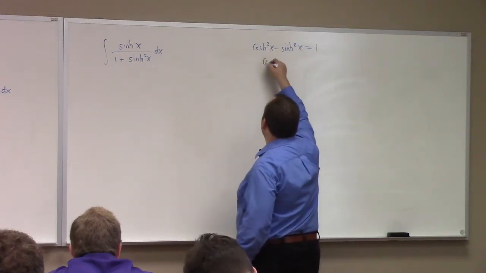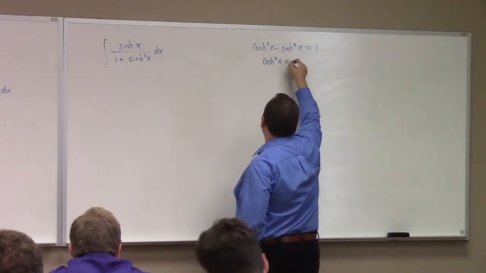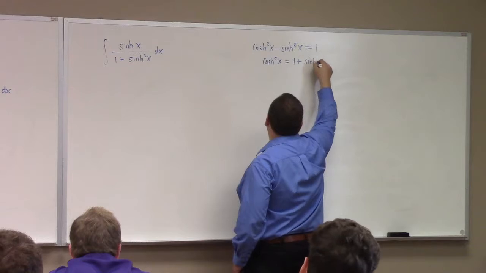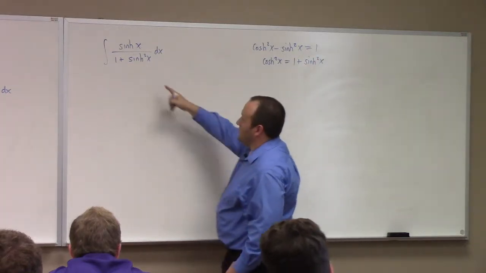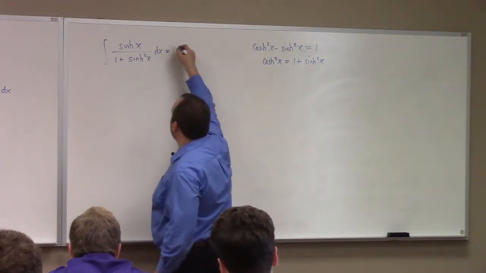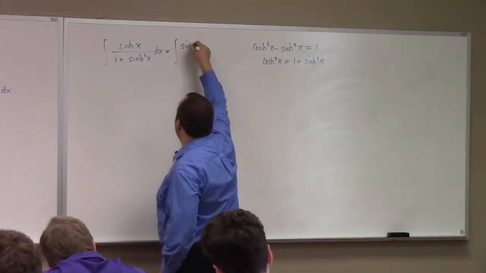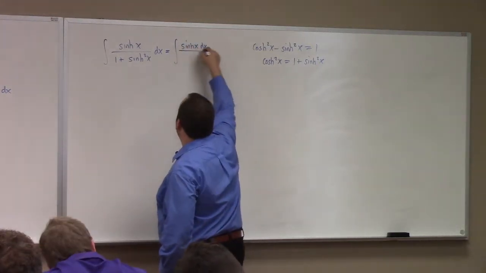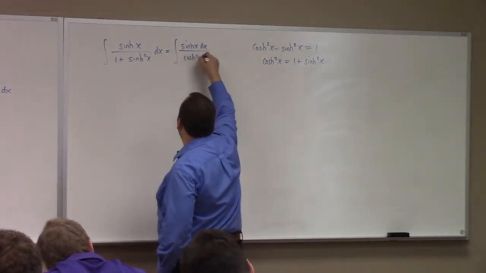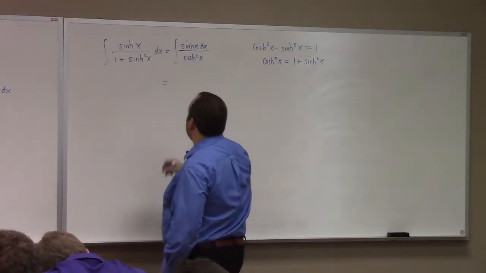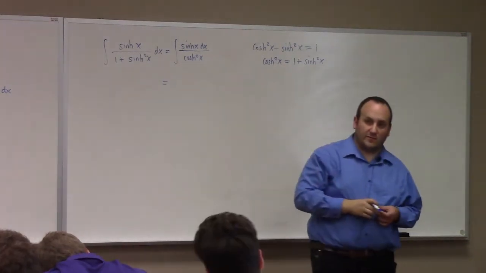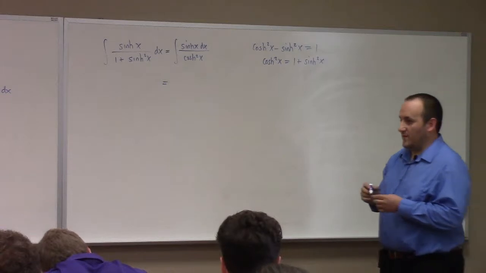So, in fact, cosh squared x is 1 plus sinh squared x. So this denominator is really cosh squared. All right, so what u substitution should we make to do this integral then? Cosh squared. No, not cosh.